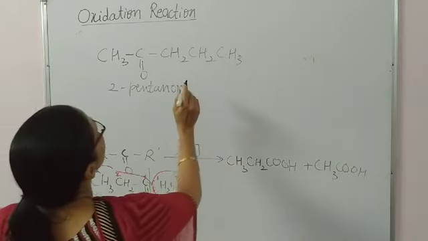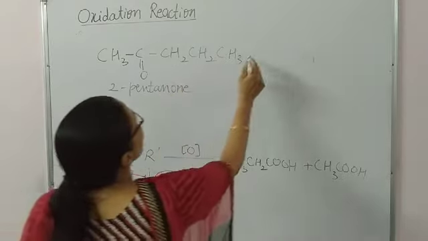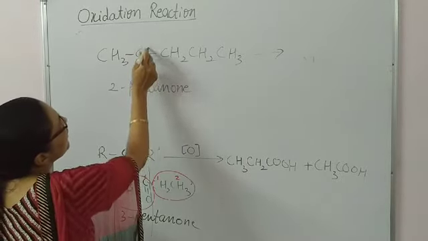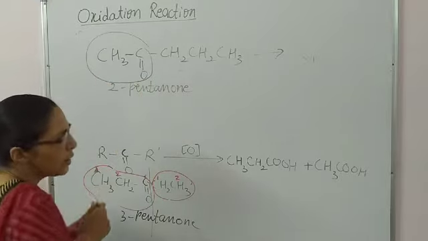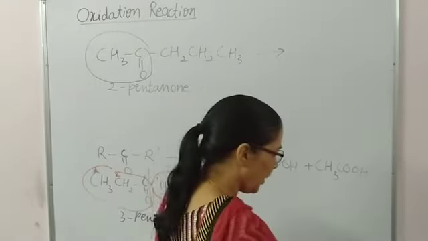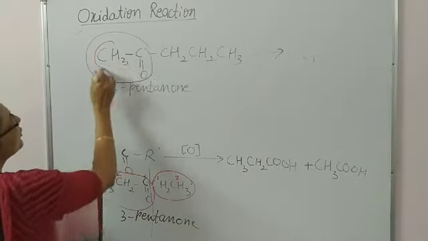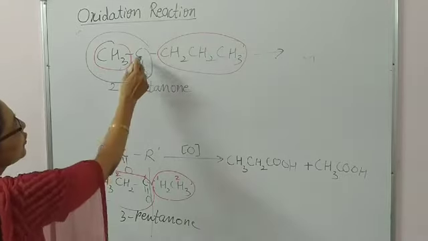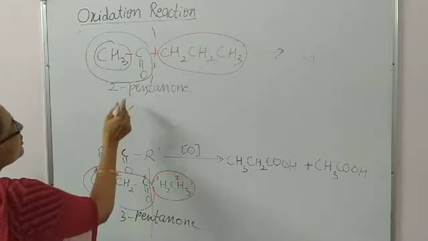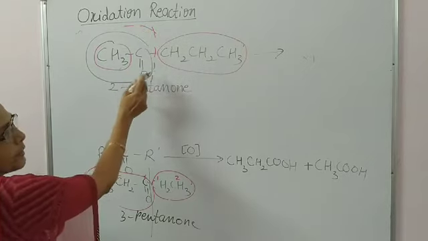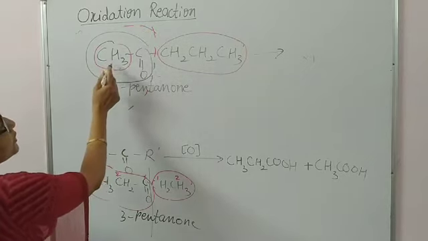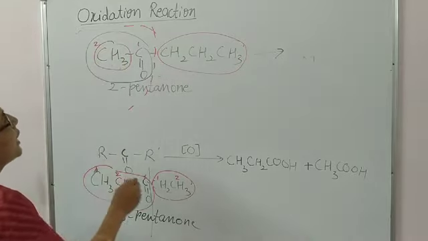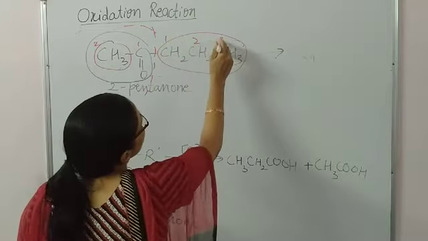So what will happen with 2-pentanone? Here, according to the Popov rule, this carbonyl group will go with the smaller alkyl group. Out of these two groups, methyl group and propyl group, the methyl is the smaller group. So always keep the cleavage in such a manner that the carbonyl group will go with the smaller group. So you are having 2 carbon this side and you are having 2 carbon this side.